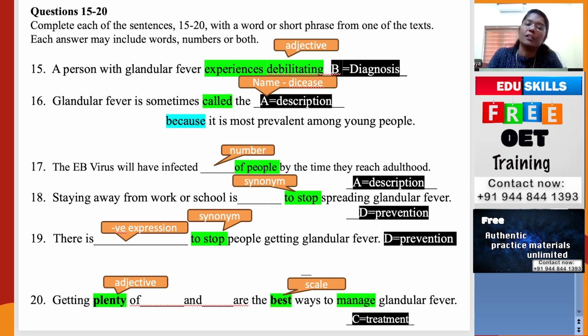Then treatment. What are the strategies we can see in the treatment? No specific treatment. There is no specific medication to treat glandular fever. Symptoms management: rest, hydration, and over-the-counter pain relievers like paracetamol or ibuprofen can help manage symptoms. Hospitalization: in severe cases, individuals may need to be hospitalized for a few days.